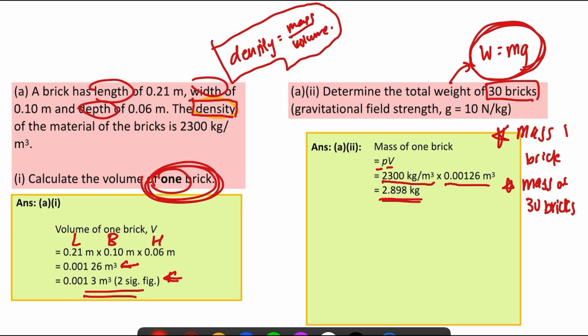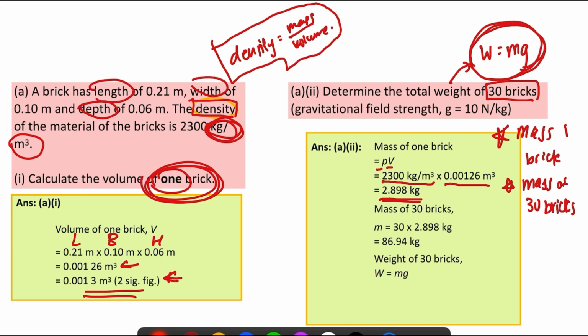It depends on the density unit, kg per meter cube, so it will be kg. This is the mass of one brick. Multiply by 30, we get the mass of 30 bricks. Subsequently, we'll apply the formula W equals to mg to find the weight of 30 bricks. So this will be the answer, correct to 2 significant figures.